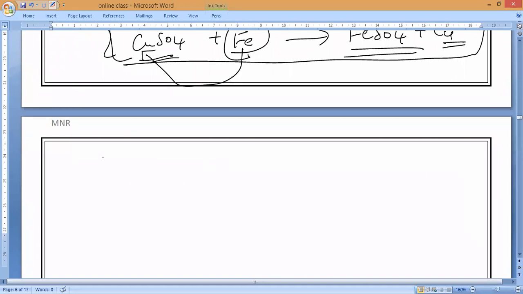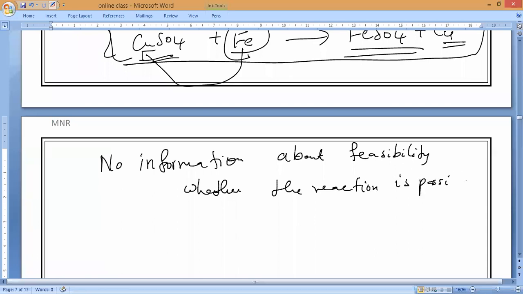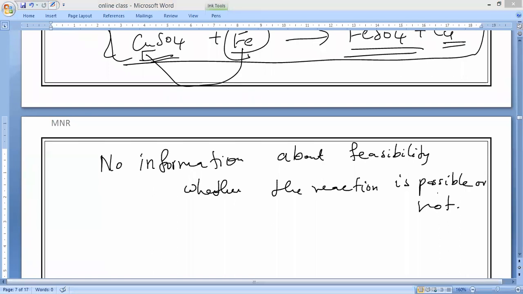Feasibility means no information about whether the reaction is carried out or not. Reaction is possible or not. That is the problem. Clear? I will explain again.